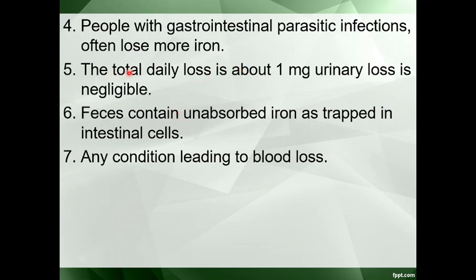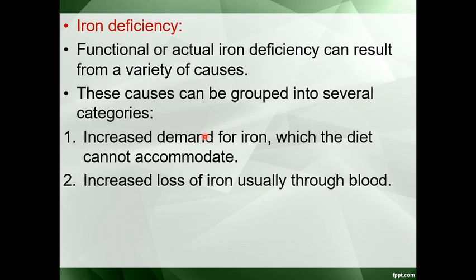The total daily loss is about 1 milligram; urinary loss is negligible. Feces contain unabsorbed iron trapped in the intestinal cells, and any other condition which is leading to blood loss can produce a deficiency in iron.